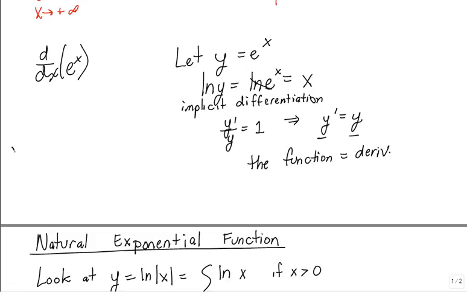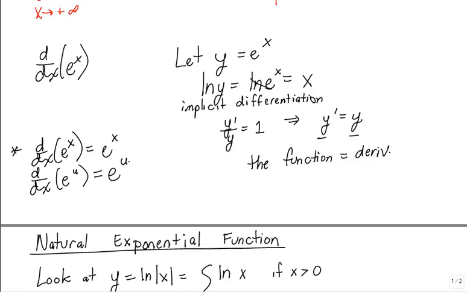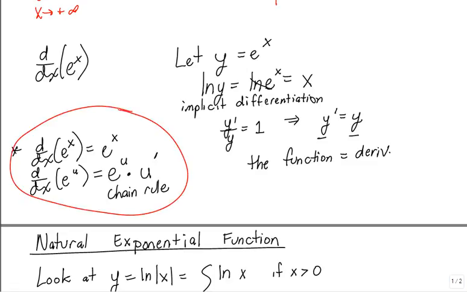So the derivative of e to the x is e to the x, and the derivative of e to a function u, where u is a function of x, using the chain rule, is e to the u times the derivative of the exponent. So this is the chain rule. And we need to be able to use those two formulas.